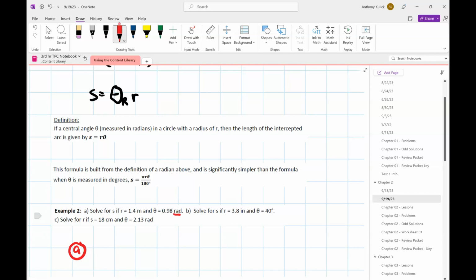Notice that here we're in radians, so I can just do the angle measure in radians times the radius.